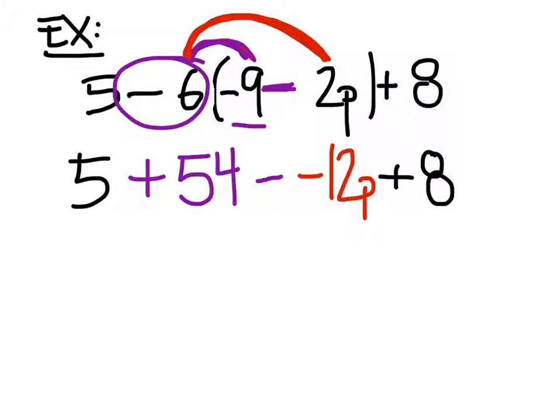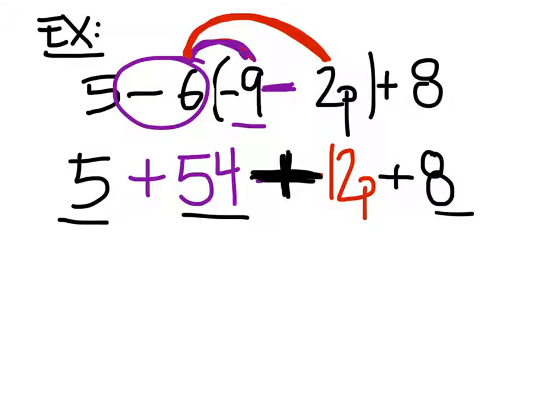Well, the problem is here I have this minus negative stuff, right? Well, since it's minus a negative, what operation is that going to be? That's a big fat plus, right? Okay. All right, well, now we combine terms that are alike. So notice here we've got 5 coins and 54 coins and 8 coins.